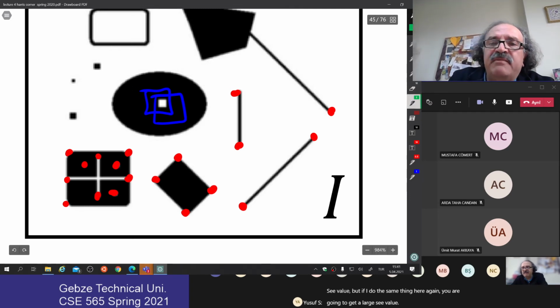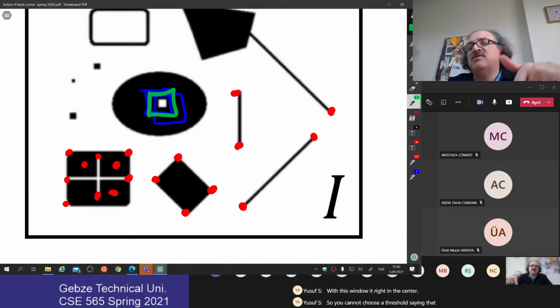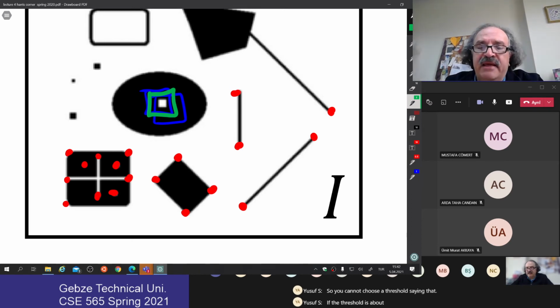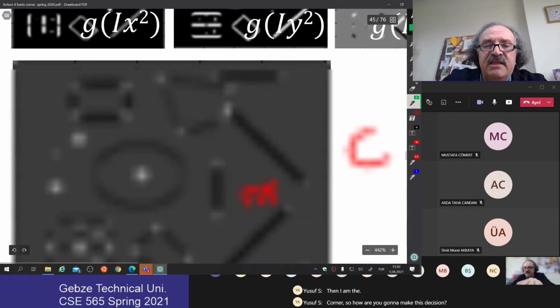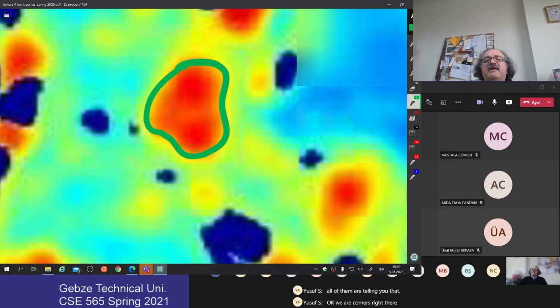But the largest will be with this window right in the center. So you cannot choose a threshold saying that if it is above something, then it is a corner. All of them are telling you that we are corners, with large C values. So how are you going to make that decision?